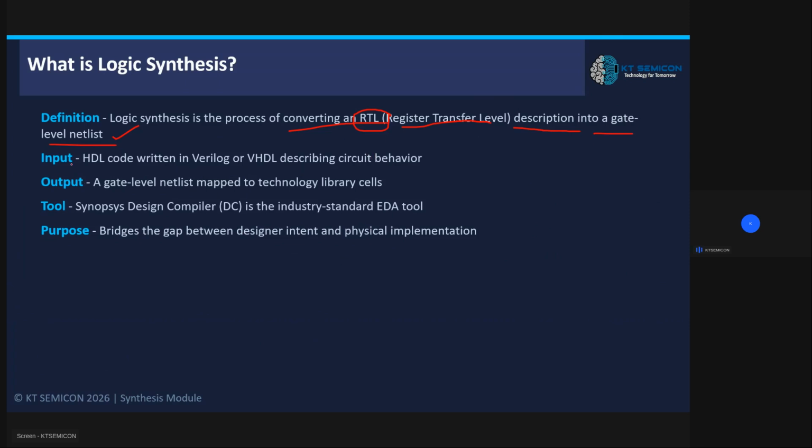For this logic synthesis, we need one input. That input is the HDL code, whatever logic is written in the code.